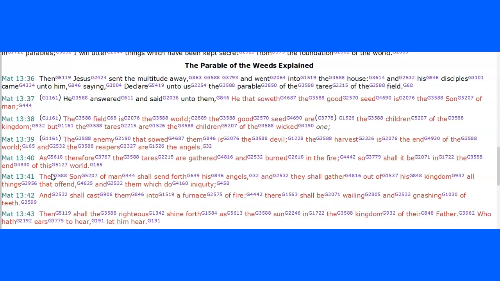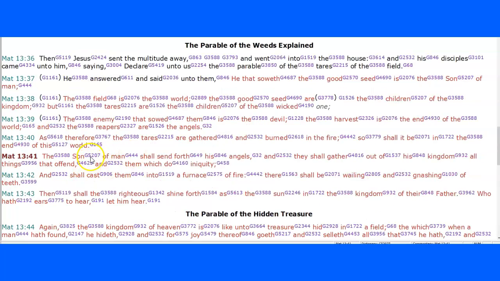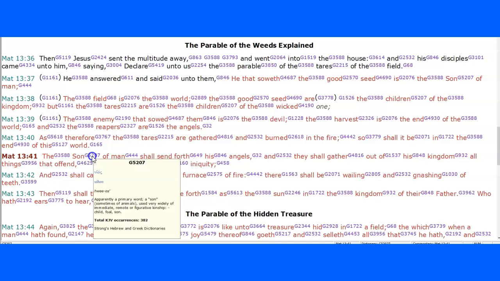Guys, what does that mean? Who goes first? This Son, if you hover over the G5207, let me pull this down where the whole thing can get in. Again, that will give you the Greek word 5207. If you click there, it's a primary word, a son. Sometimes of animals, used very widely, of immediate, remote, or figurative kinship. Child, foal, or son, a human.